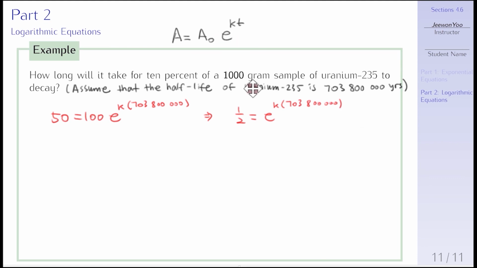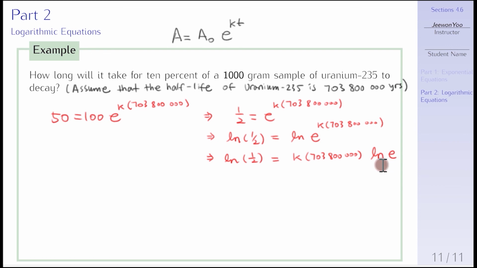We need to find the unknown variable k, which is the relative growth rate. To find this k, we have to put ln on both sides. The good news about ln is that you can bring this exponent to the front.